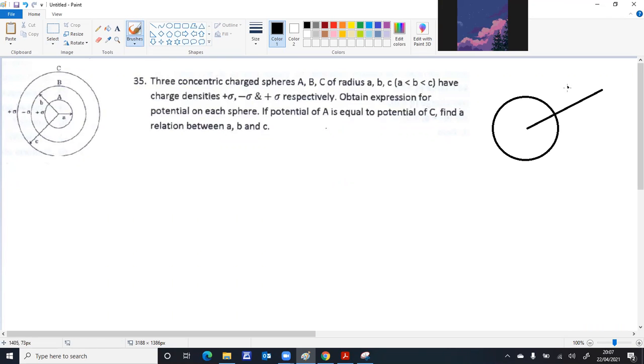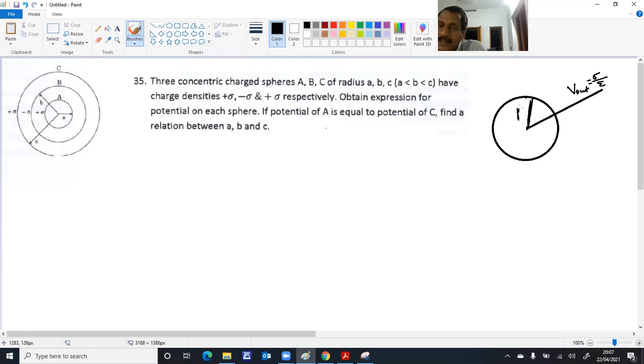So, for the potential of a point outside, you'll get sigma by epsilon R square by... Which R? Radius square by distance. Radius of the sphere you're counting, right? Yes, sir. The radius of the sphere, the whole square, by the distance.